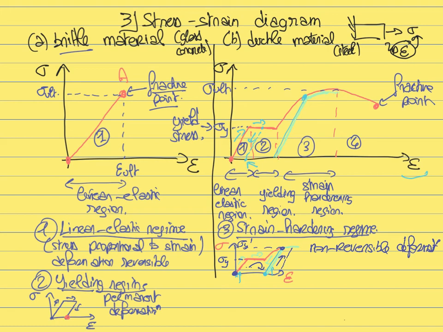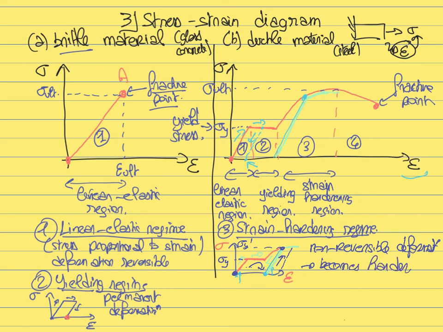So the material is now more resistant to plastic deformation than before, and it will continue to behave in a linear elastic fashion up to a higher stress than before. So the material becomes harder after a first deformation.